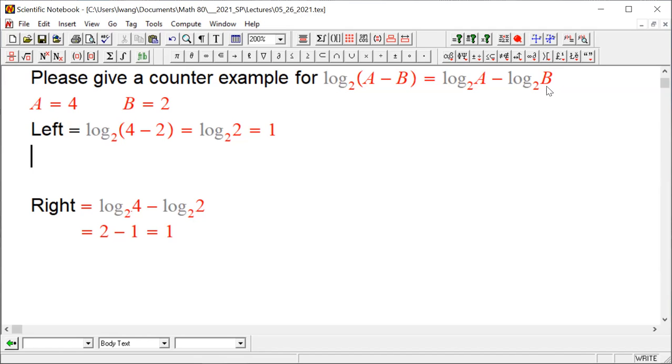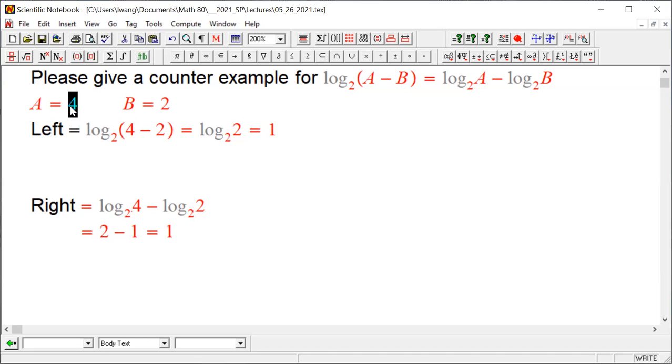Can we say it's correct? The answer is no. You only showed one supporting example. There are cases where it's not true, so you have to keep looking, until we search through, or ideally we mathematically prove it. So obviously this example doesn't prove it's wrong.